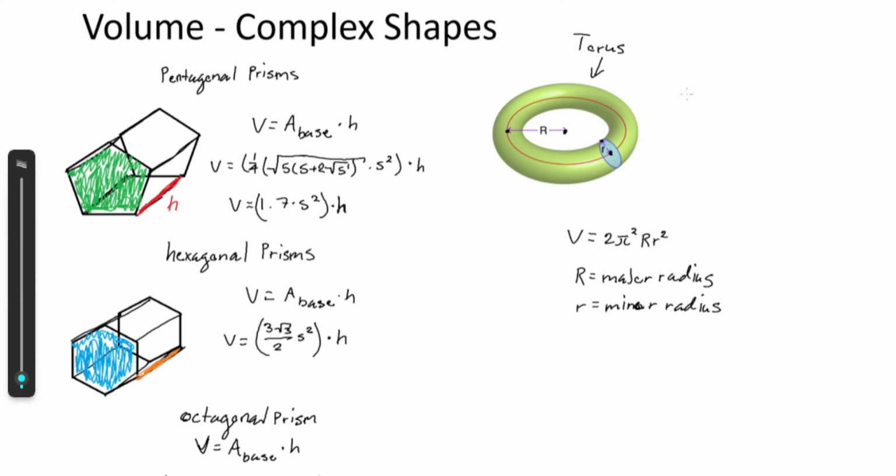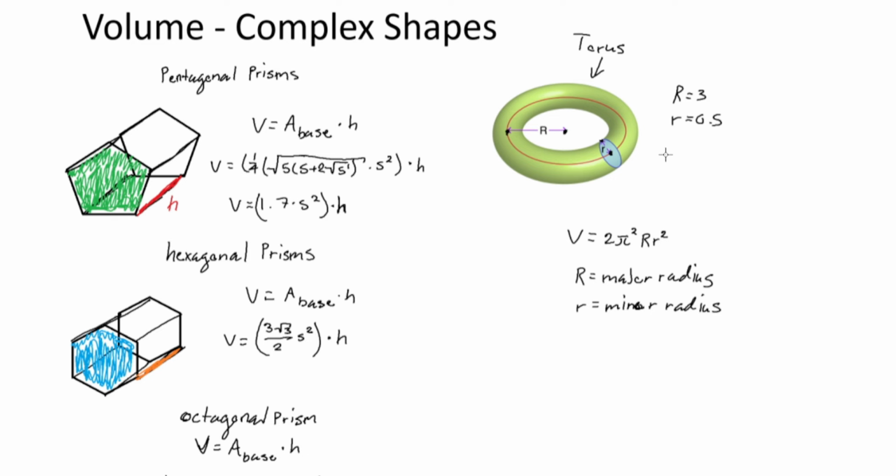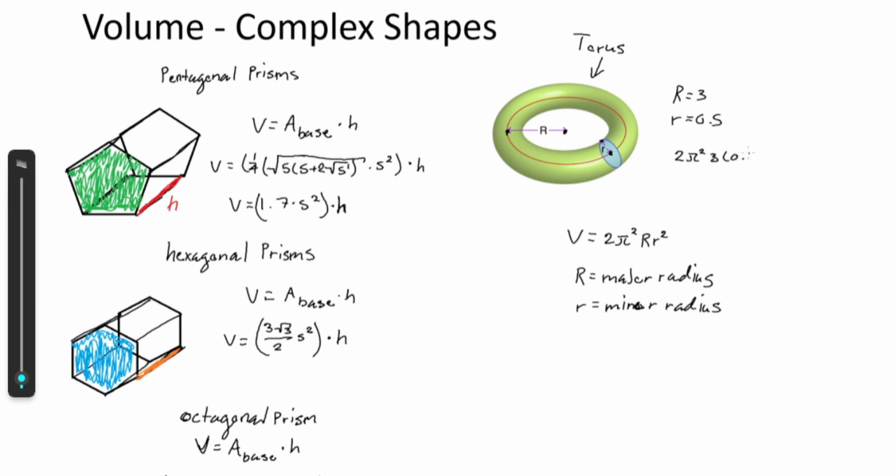Let's say from the center point of the torus all the way out to the center point of the torus ring circle, the major radius is equal to 3, and the minor radius is equal to 0.5. The equation would look like 2 pi squared multiplied by 3 times 0.5 squared.